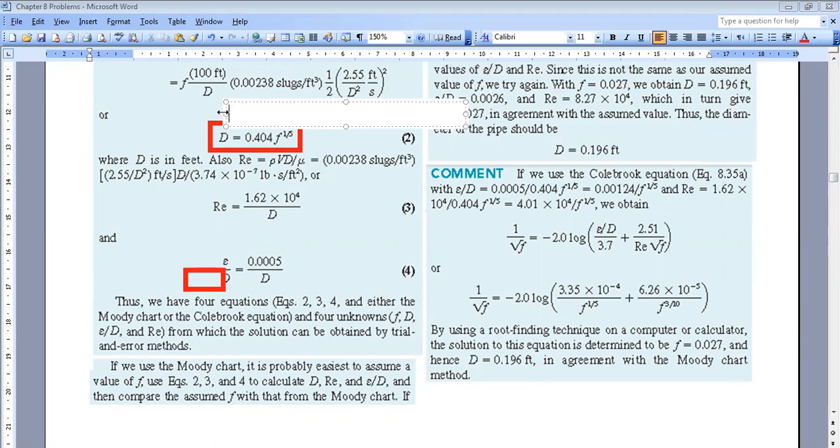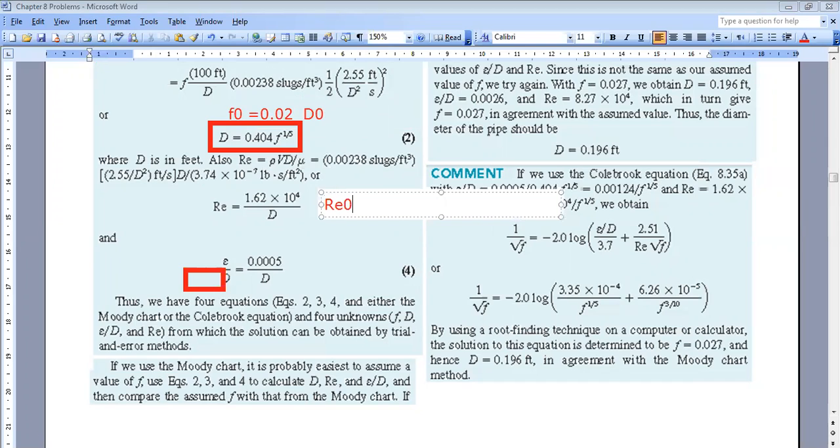So assuming F0 equals 0.02, I can calculate D0. What is D0 for this value of F? And then obtaining D0, I plug it in equation 3 here. I get Reynolds 0.